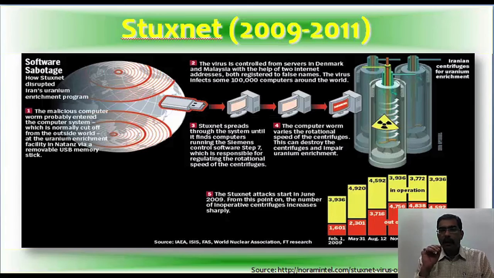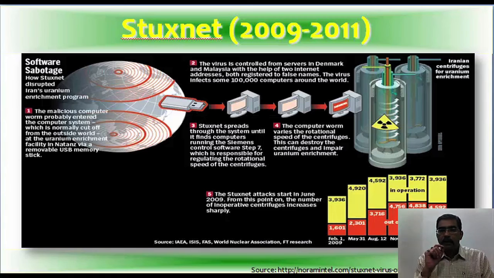Second, the virus is controlled from servers in Denmark and Malaysia with the help of two internet addresses, both registered to false names. The virus infects some 100,000 computers around the world.